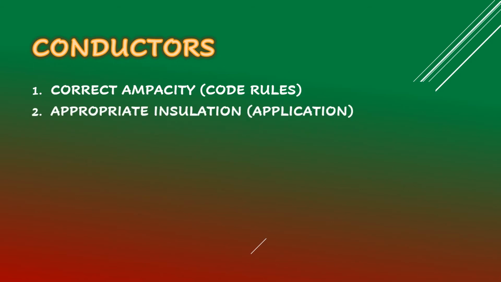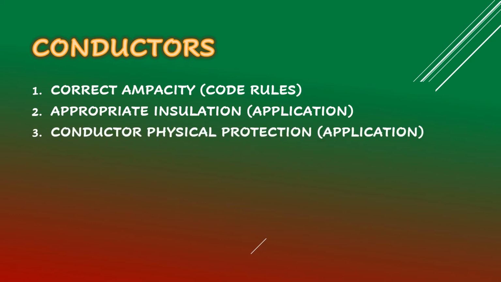Number two, we have to know the appropriate insulation. We have to decide, and this depends on the application. For example, if your motor load will be installed outdoors in a damp location or in a wet location, you have to decide what type of insulation. Number three, conductor physical protection.